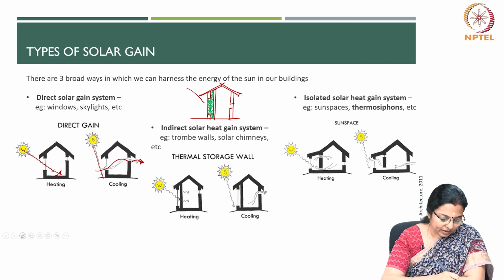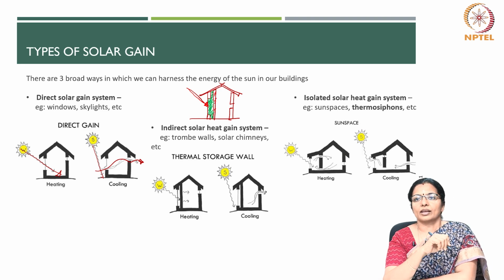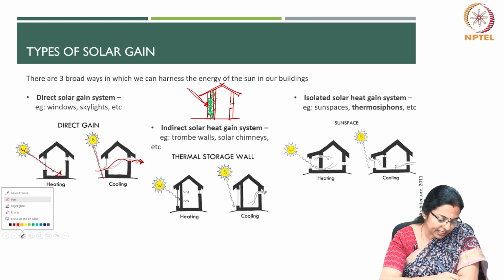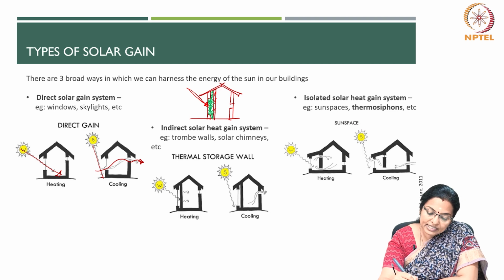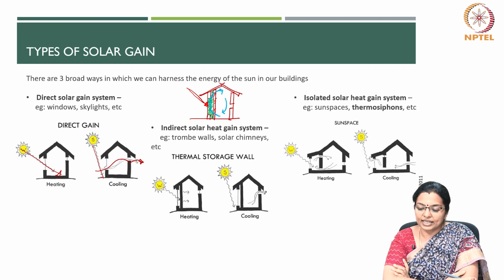So, solar radiation which strikes this glass wall does not directly hit this wall, because it hits this glass surface and the heat gets trapped. The air gets trapped between this, and that air moves in this manner. So, this is the indirect solar heat gain system.